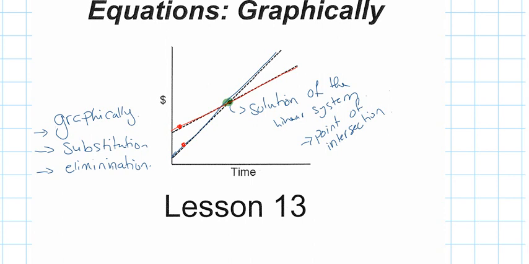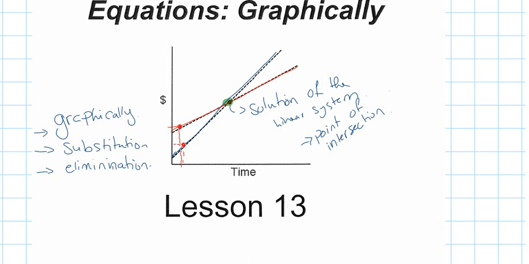Look here. This point has a different X and Y value than this point. The X value is 1 and the Y value is 2. For this point, the X value is 1 and the Y value is about 3. So they don't have the same X and Y value.